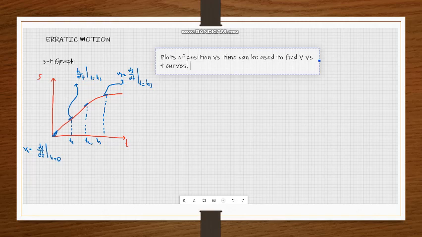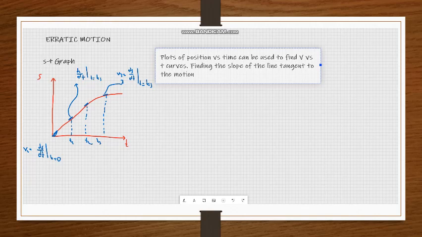So finding the slope of the line tangent to the motion curve at any point is the velocity at that point.